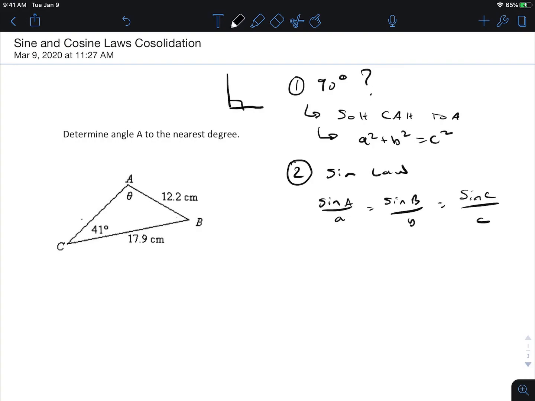Or you could flip them. They could be the opposite way too, but it doesn't matter. What you can't do is start mixing. All the sines have to be on the top or the bottom, and all the letters have to be on the top or the bottom. You can't flip them around.